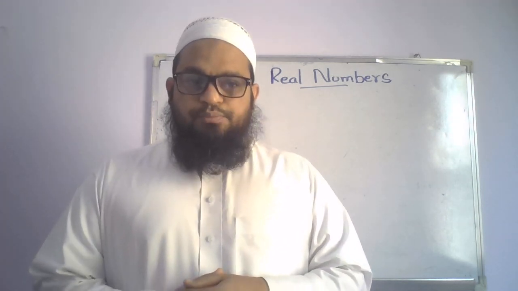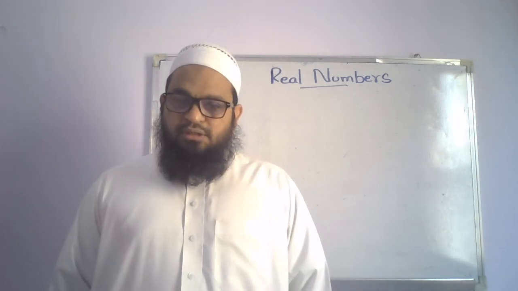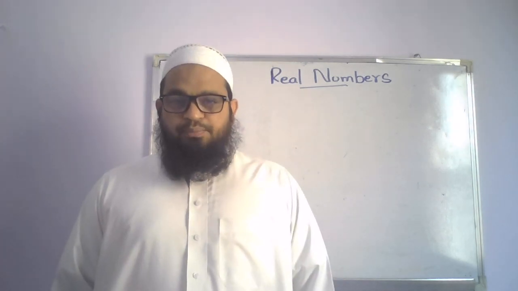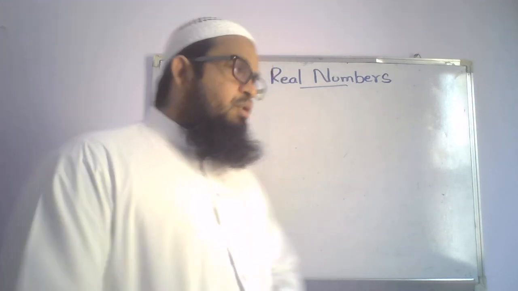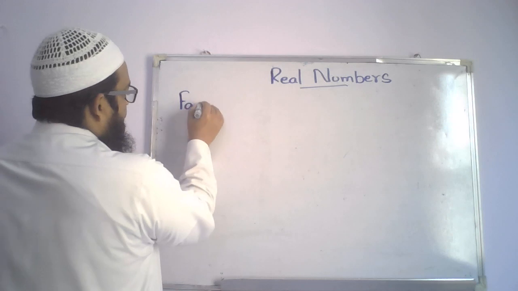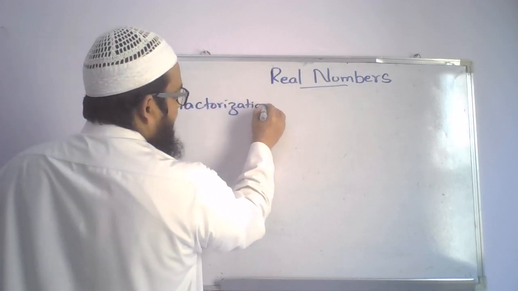So in mathematics, this is the first video of the series, real numbers HA1. In this video, we are going to see the concept we call factorization. What is factorization, my dear students?